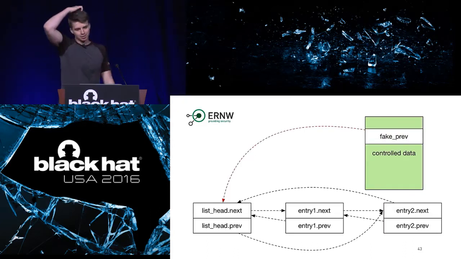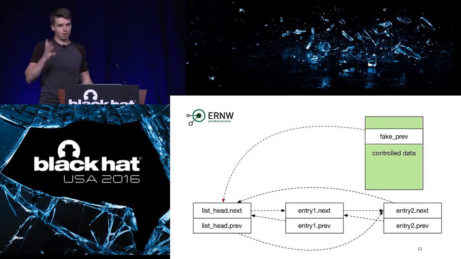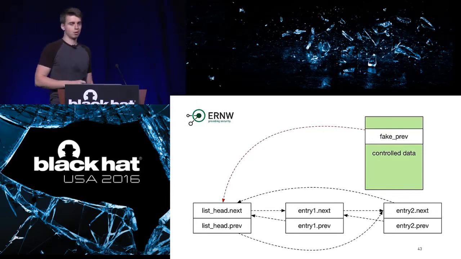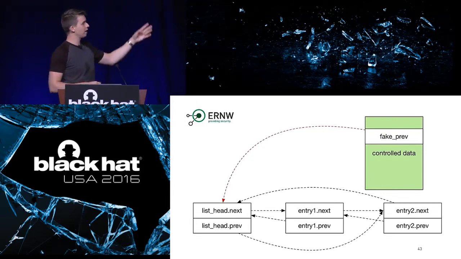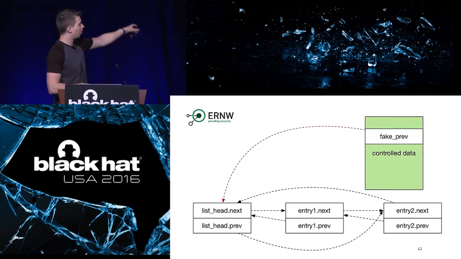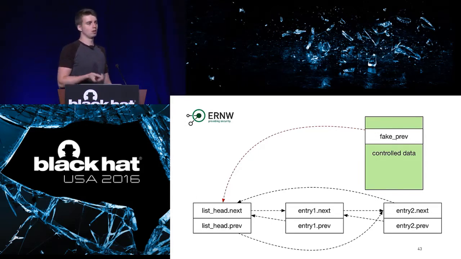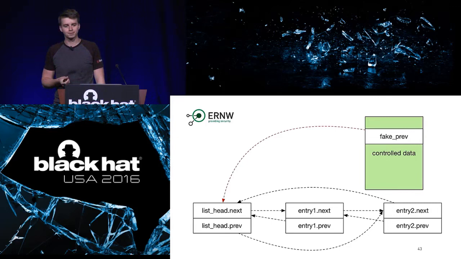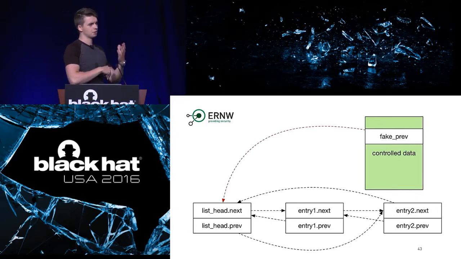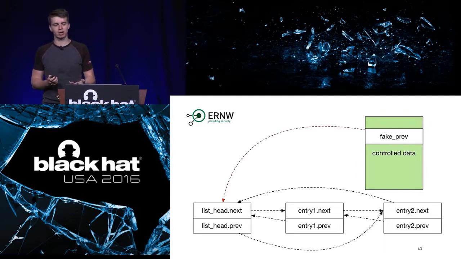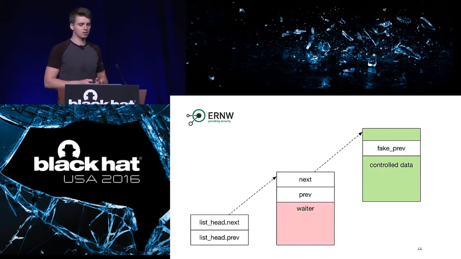What basically happens is, the green stuff is the memory layout we put into our shared memory location, and we have this fake previous pointer that points to a global linked list inside the kernel. After we trigger our overwrite and after this mutex lock function is triggered, we get a memory layout that looks something like this.